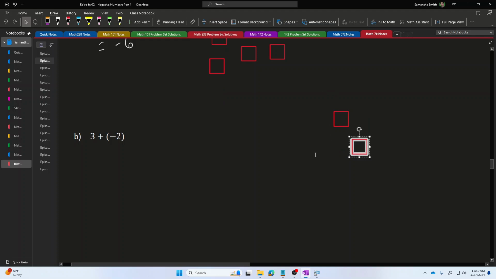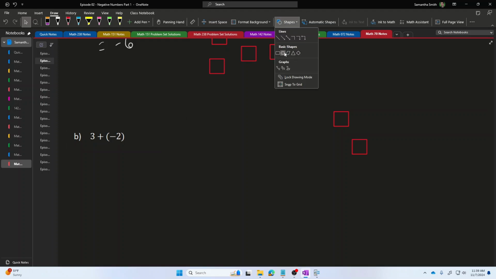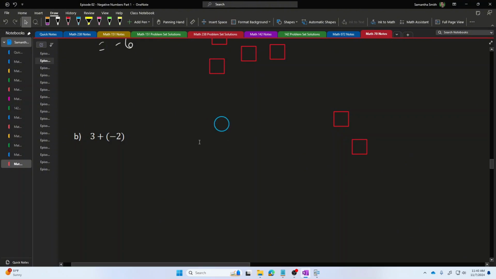And this pile of 2 red squares would represent these 2 units of debt that I am adding on to my financial status. And then somewhere else, I would have a pile of a different object, blue circles. 3 blue circles to represent these 3 positive units, and 2 red squares to represent these 2 negative units.